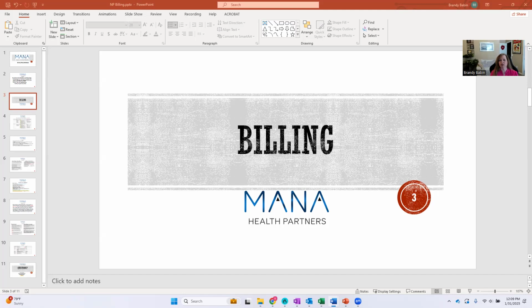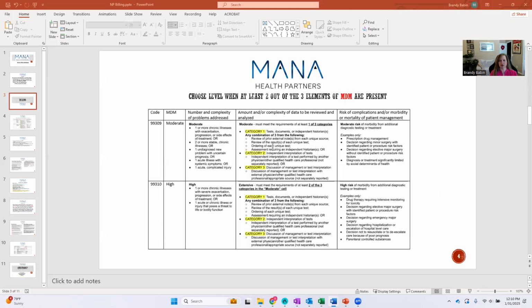Efficient billing reduces administrative burden, speeds up payment cycles, and fosters strong relationships with payers, ensuring smooth operations. Accurate coding also supports clinical decision-making, quality reporting, and research, ultimately contributing to improved patient outcomes and the overall success of the healthcare organization.